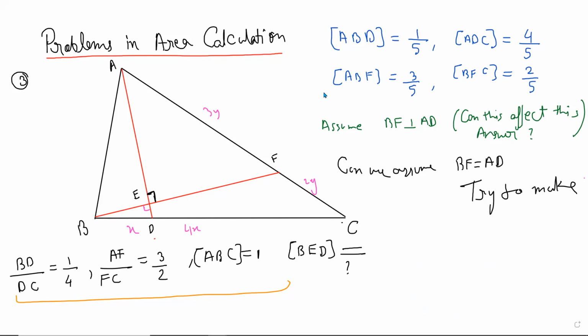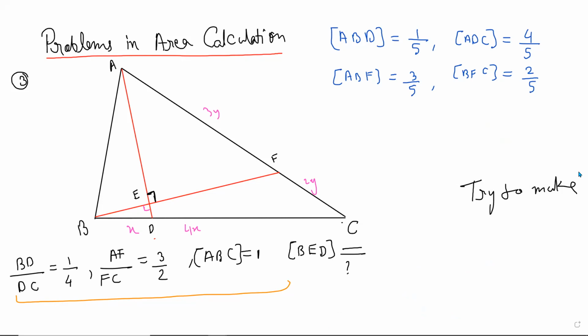But see, let's try to see if we can complete by this method. But let's come to the actual thing, because see, in the end we are realizing that no matter how many assumptions you make, in the end what you need to figure out is AE by ED. This is the burning question, this is the main thing, right? Either that, or you can even find, well, that's the most obvious thing, right?